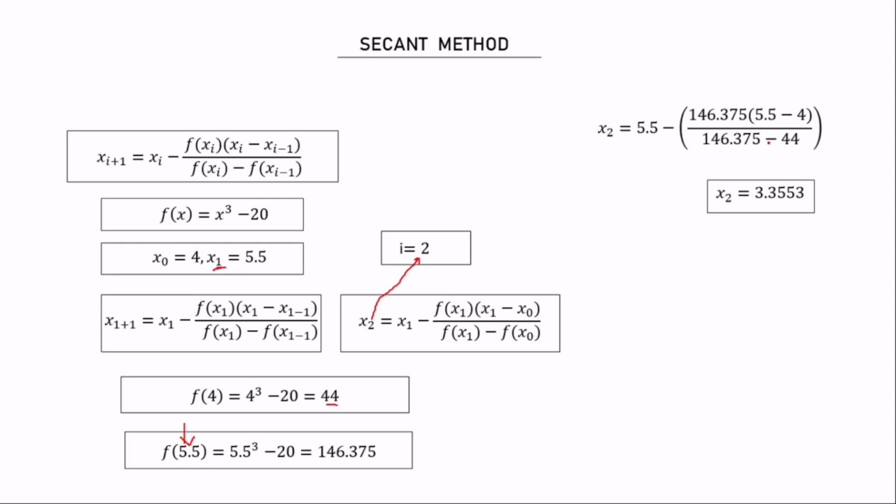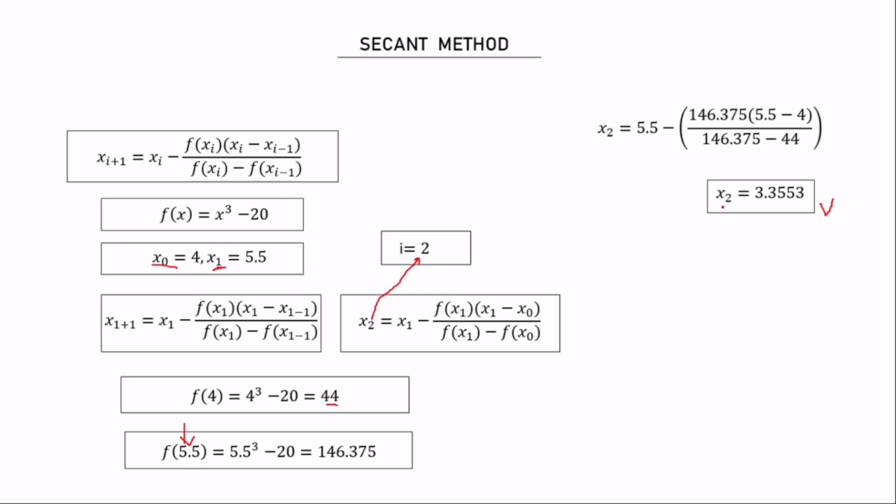The same applies when you're finding x3. For x3, it means we've gotten our x2, so we are not going to use x0. We are going to use x2 and x1. When i is equal to 3, as I said, the x with the highest subscript value is the x_i. So you take x2 and x1, and the highest one is x2.